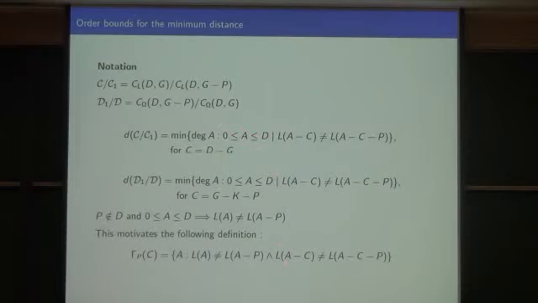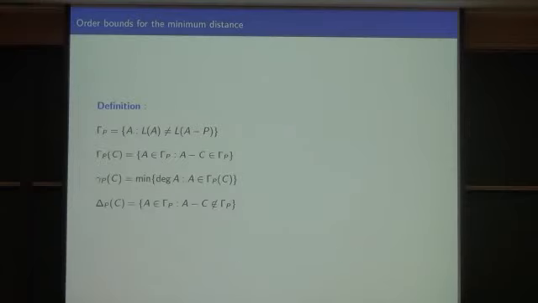So we use gamma PC, and more definitions: gamma P is something called base point free divisors. So it's a set of divisors such that L(A) is not equal to L(A minus P).